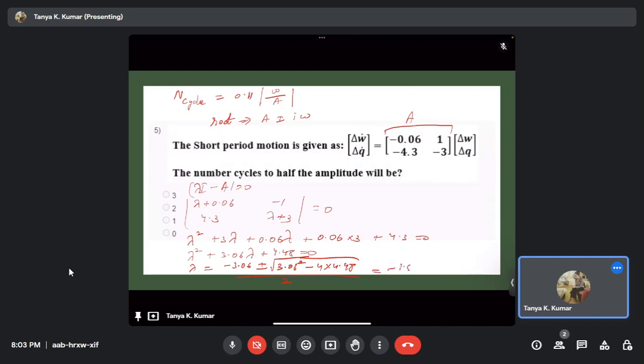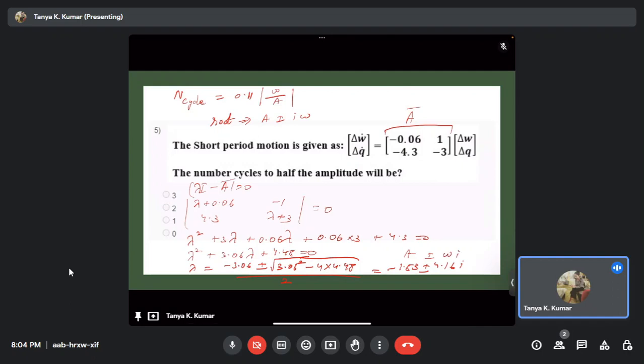Minus 1.53 plus or minus 4.16 i. So this is a plus or minus omega i.